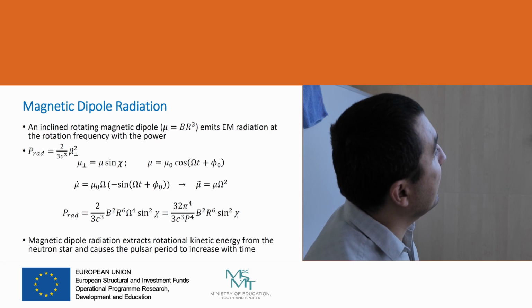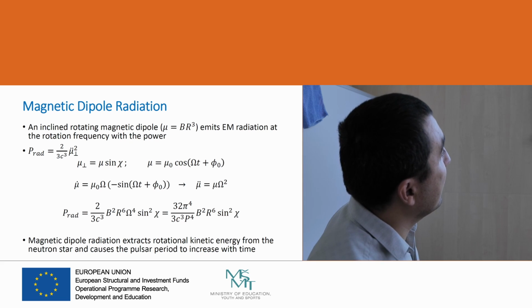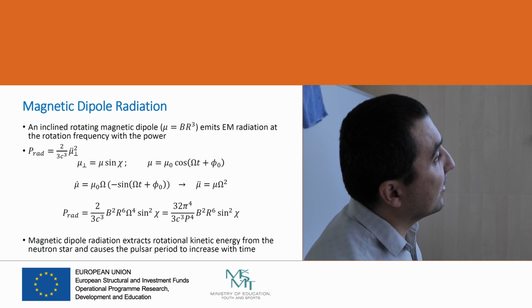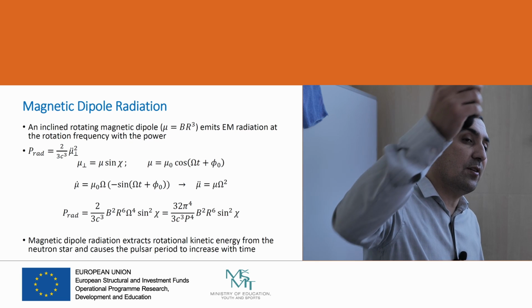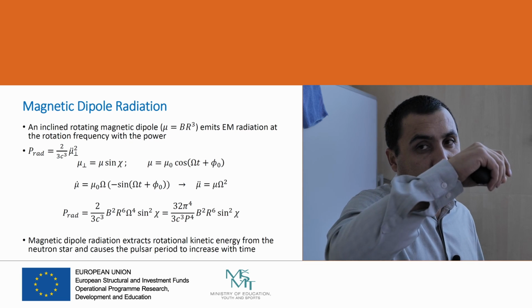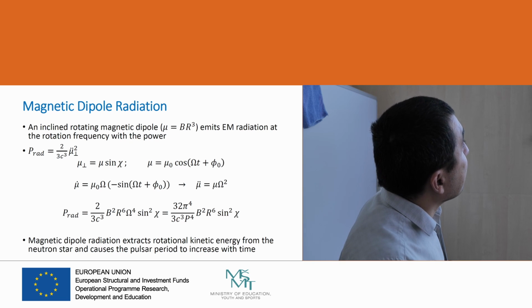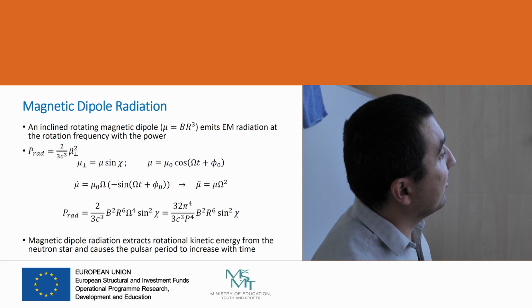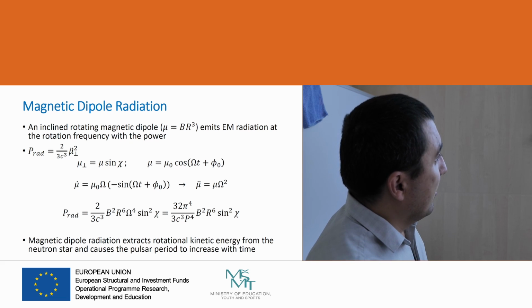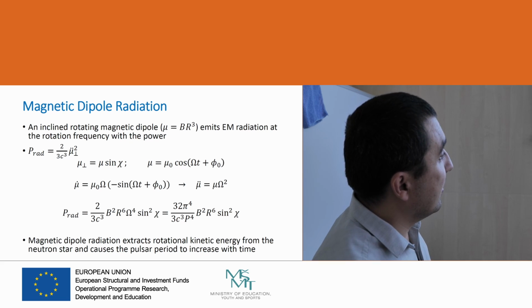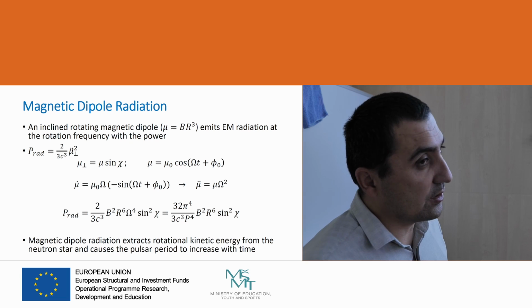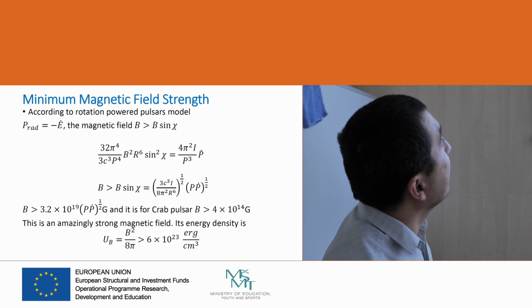Here we can see that the rotation power is proportional to sine squared of the angle. So if there is no angle, dipole radiation does not occur in the pulsar. This is how the rotational kinetic energy is extracted as electromagnetic radiation.